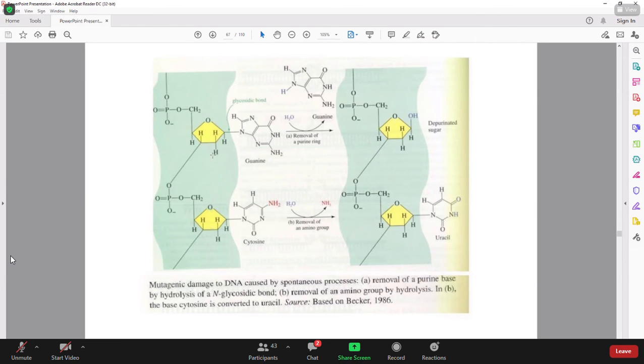So this is the removal of the purine base by hydrolysis of the glycosidic bond, and this one is the removal of the amino group by hydrolysis. The damage can occur spontaneously, but there is a system to detect and repair it straight away. So there are such enzymes that help to detect and repair.